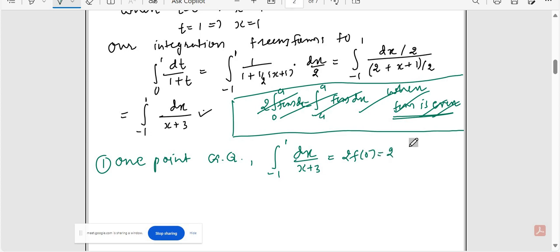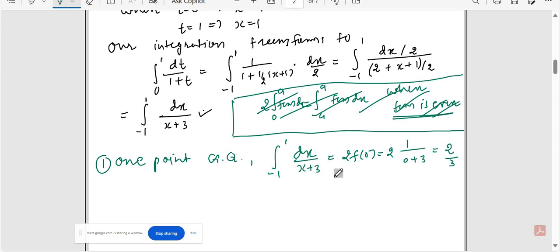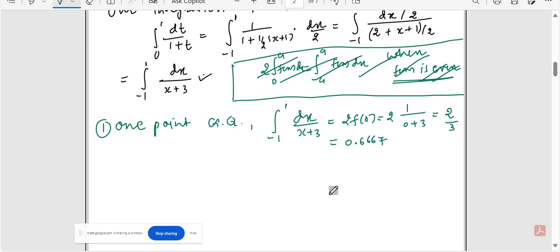So 2 times 1 upon 0 plus 3, sorry, not 1 plus 3, 0 plus 3. So this will be 2 by 3, and the answer of 2 by 3 will be 0.6667. Yes or no?